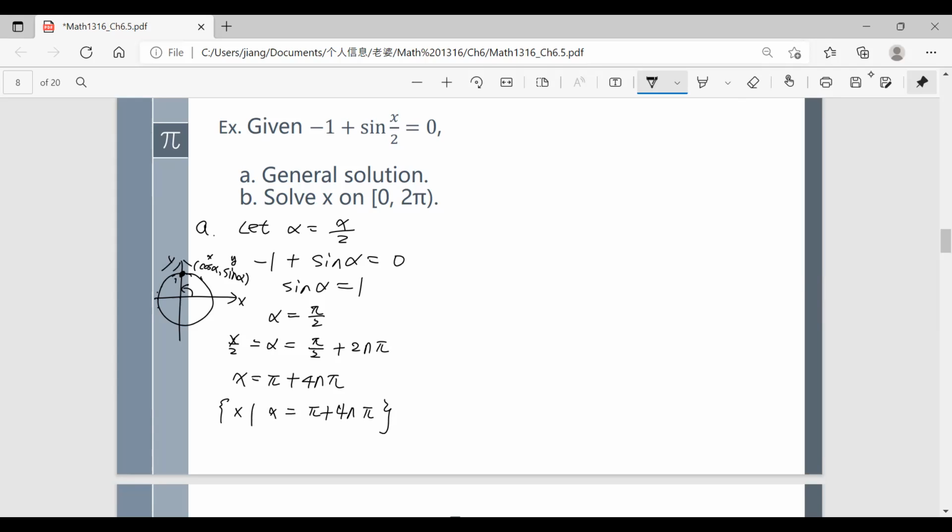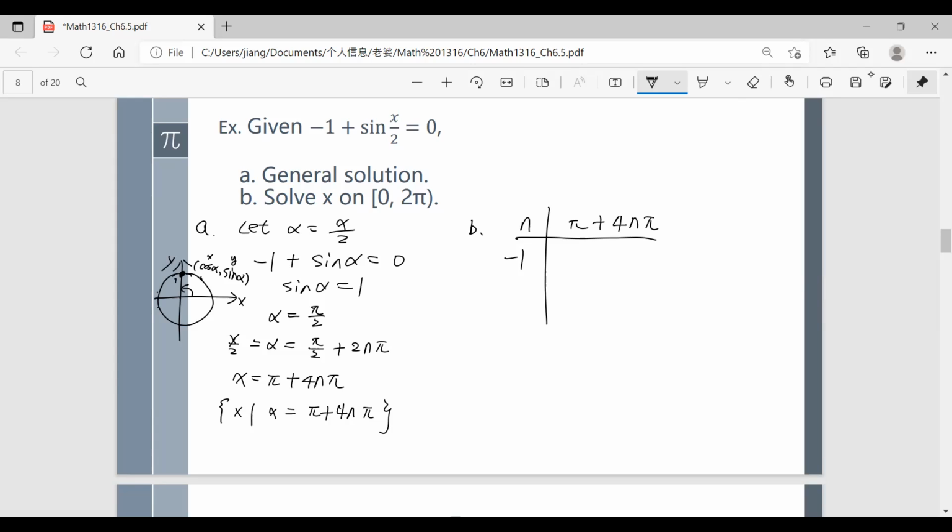How about the solution on 0 to 2 pi? I can list the table for n, with pi plus 4n pi. How about n equals -1? Let's try. For n equals -1, it's minus 4 pi. Pi minus 4 pi is -3 pi.